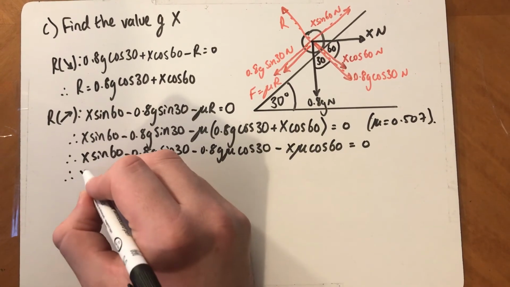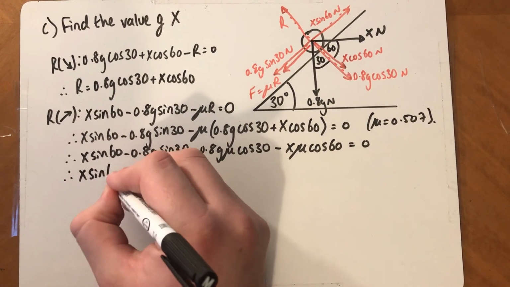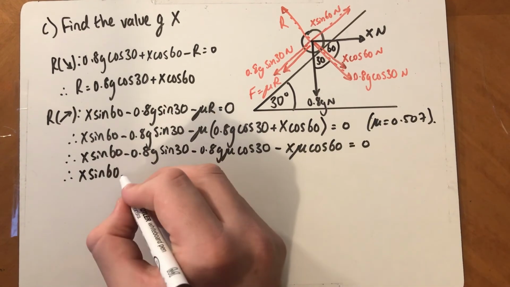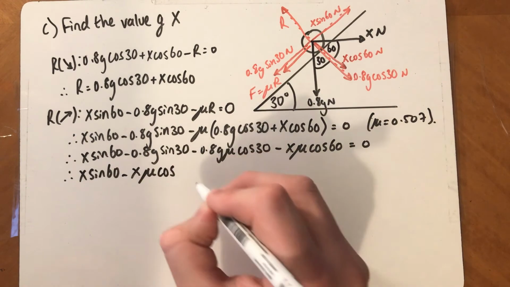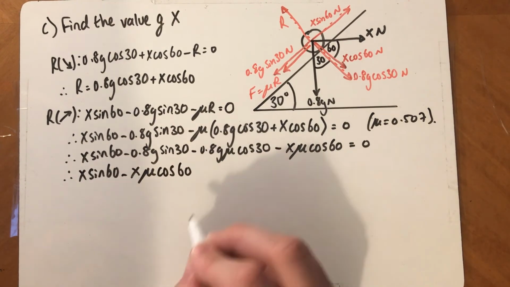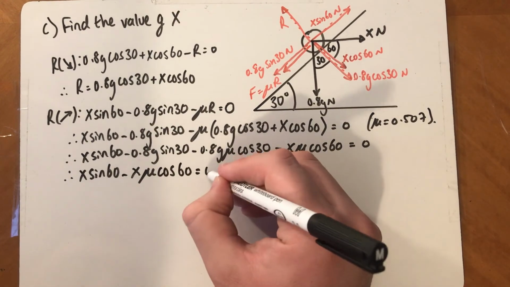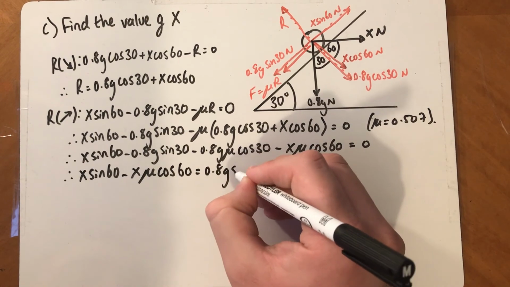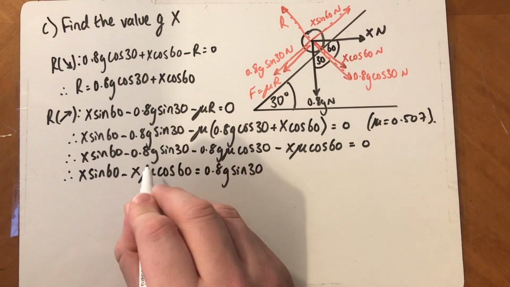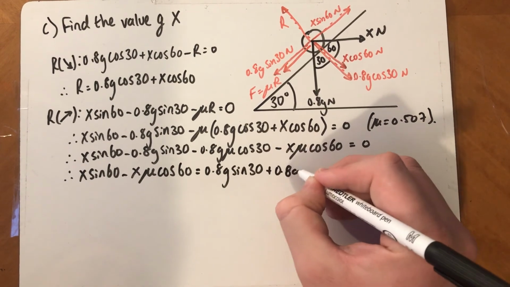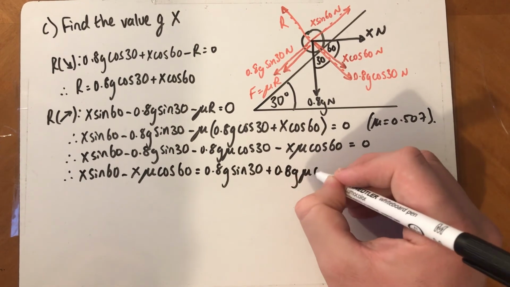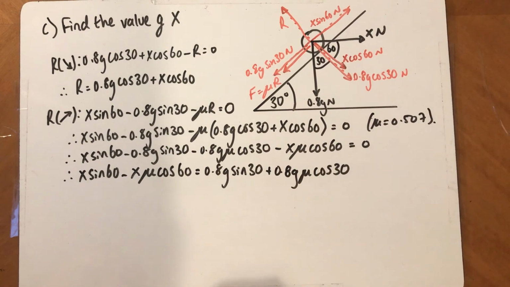I can therefore say x sine 60 minus x mu cos 60 is equal to 0.8 g sine 30, because we plus that on both sides, plus 0.8 g mu cos 30.